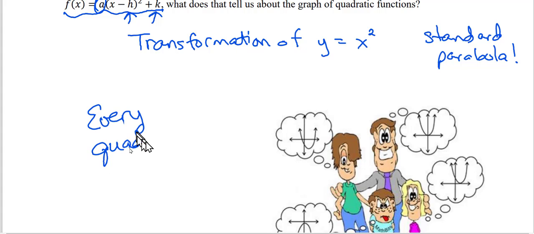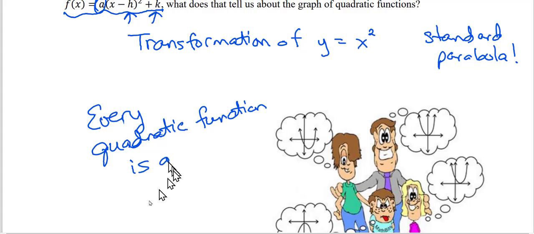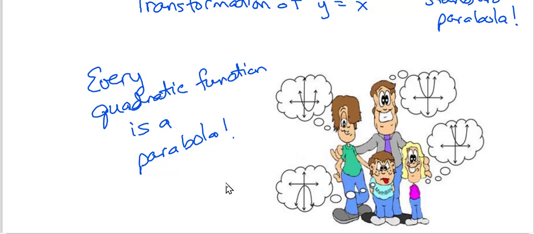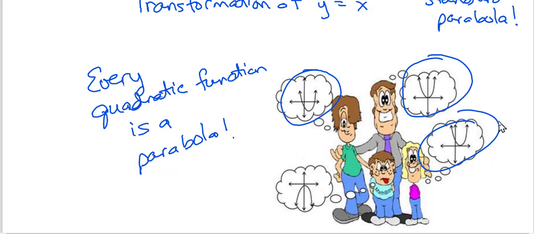Because now we know that every quadratic function is a parabola. And this picture over here is just kind of funny, right? This one's shifted right and down. This one's the parent function, the standard function. This one's shifted just right.